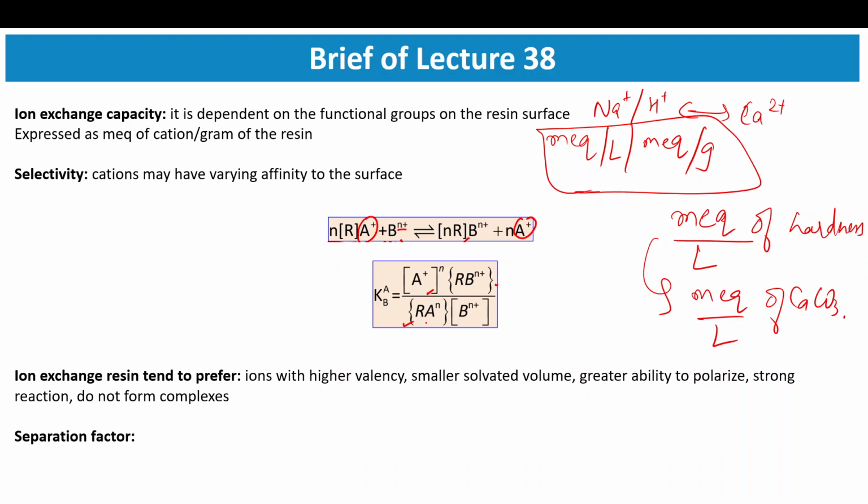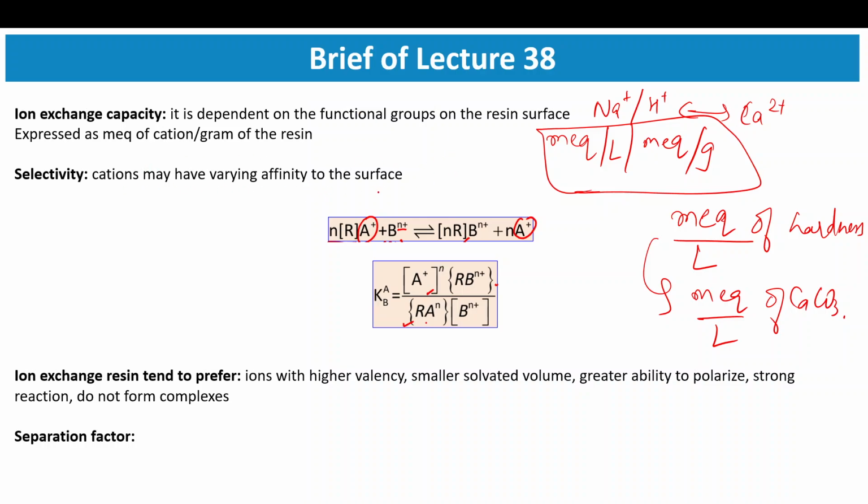Next comes selectivity, and this is obvious because depending on the cation you want to target and the resin that you are using, all cation and resin combinations might have different interactions and hence different affinity.